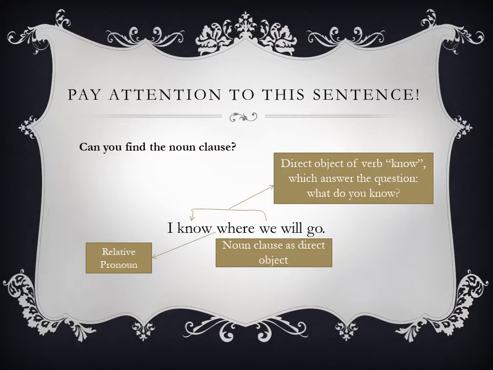The answer: where we will go. Remember, the word where here is not a question, but it functions as a relative pronoun to connect the two sentences, and it is also the signal for the noun clause as the direct object.